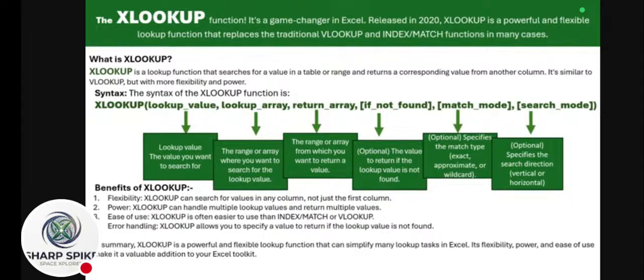And the next ones are optional. If not found: the value to return if the lookup value is not found. Match mode, it's also optional. It specifies the match type, exact, approximate or wildcard. Search mode, it's also optional. It specifies the search direction.